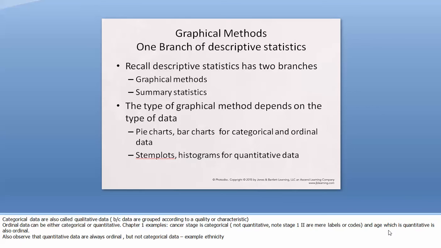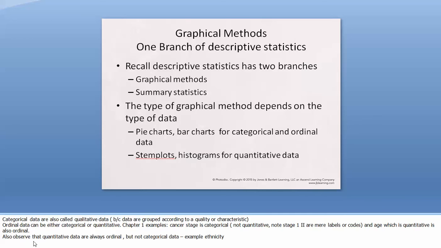On the other hand, think about age, which we talked about as a quantitative variable. That is quantitative, but at the same time it is ordinal because you can order the data. One age value is more or less than the other, so you can have both quantitative and categorical data be ordinal.